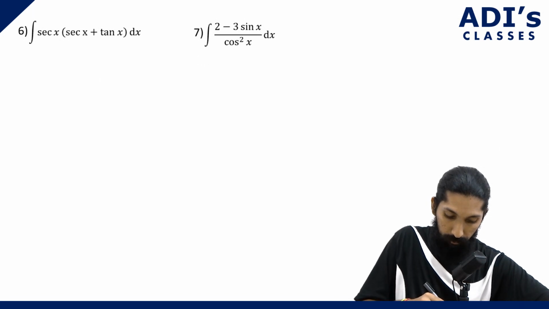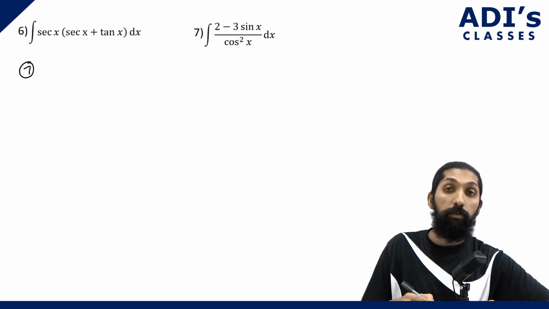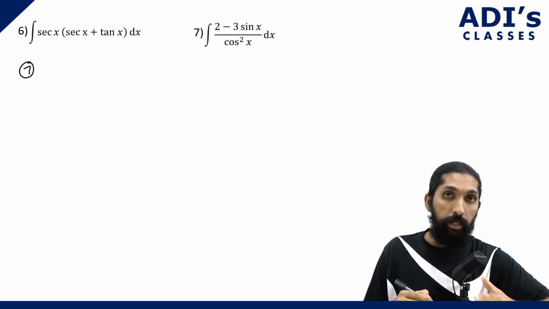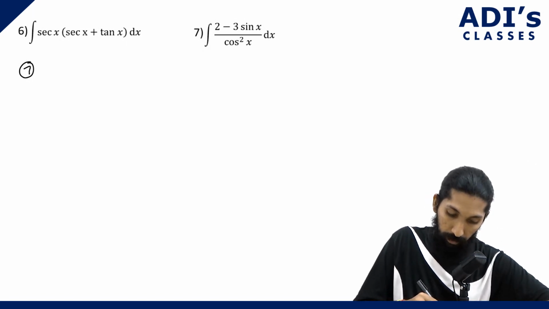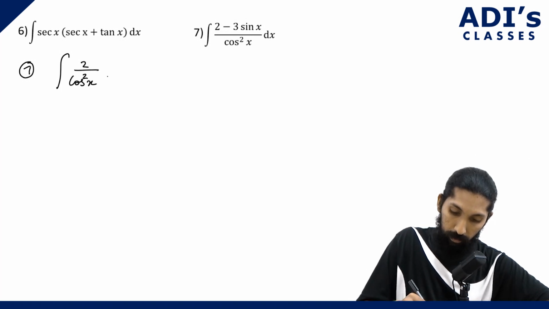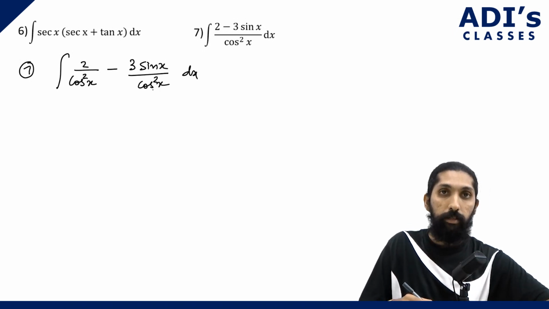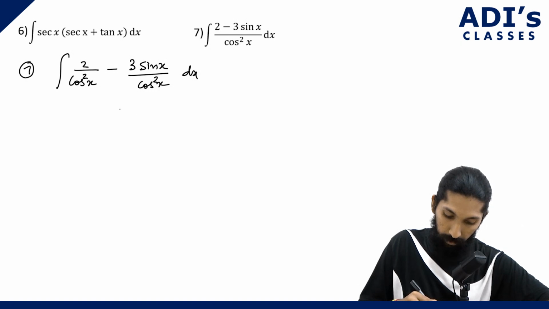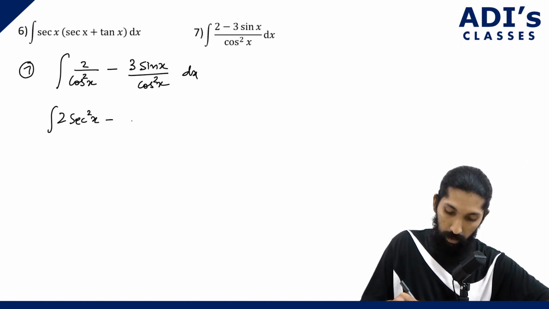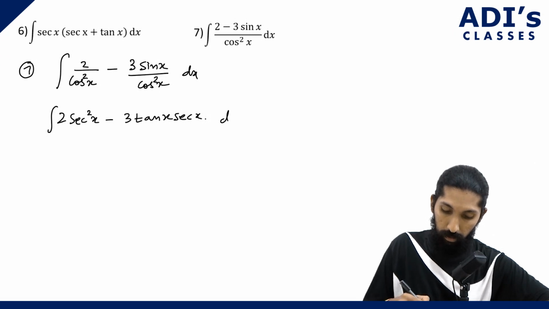Seventh one. Guys, the best way to do this is to individually divide. In the sense, the integral of 2 by cos² x minus 3 sin x by cos² x dx, right? So integration of 2 sec² x minus 3 tan x sec x, right?